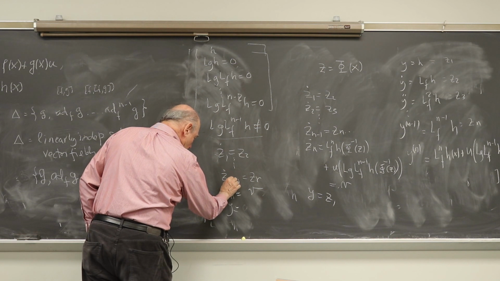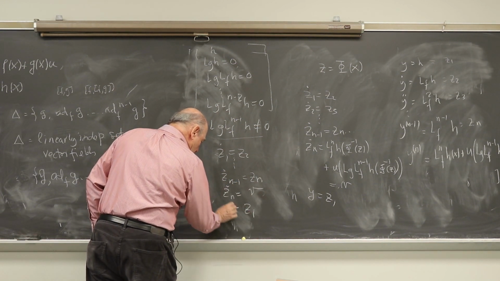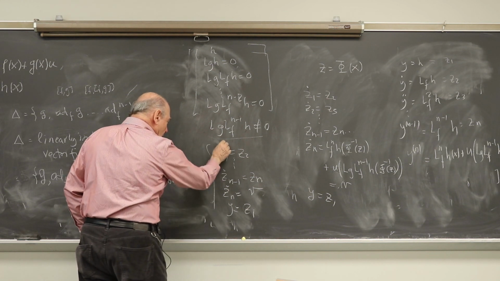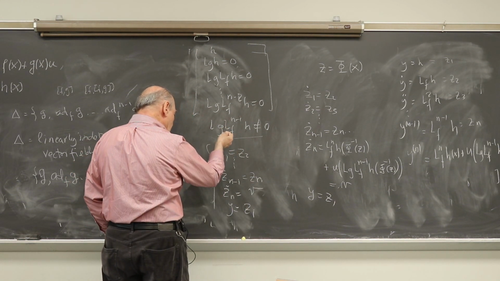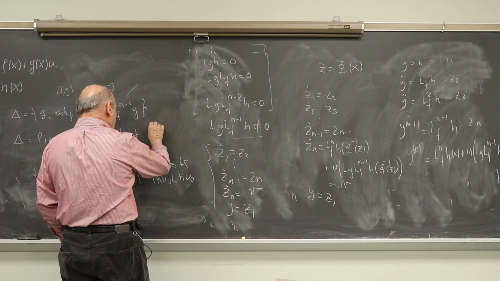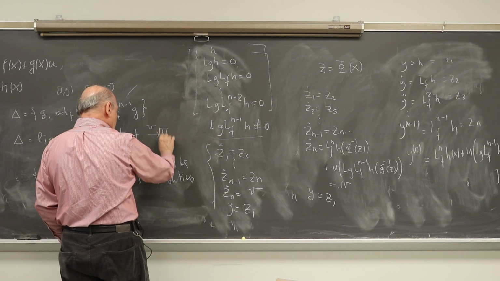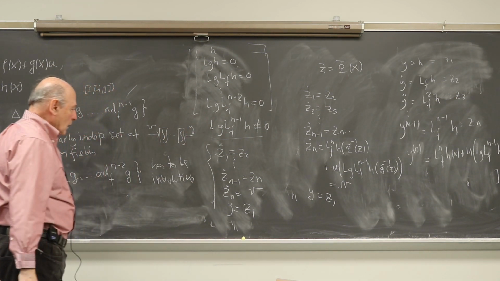Cn minus 1 dot is Cn, Cn dot is V, y is equal to C1. So we'll have a nice chain of integrators from this auxiliary control input to the output y equals C1. So my system has V as an auxiliary input and a chain of integrations all the way to the output.